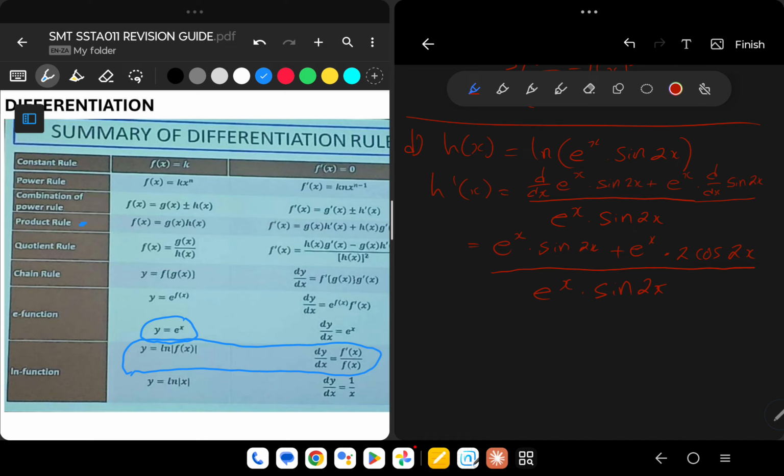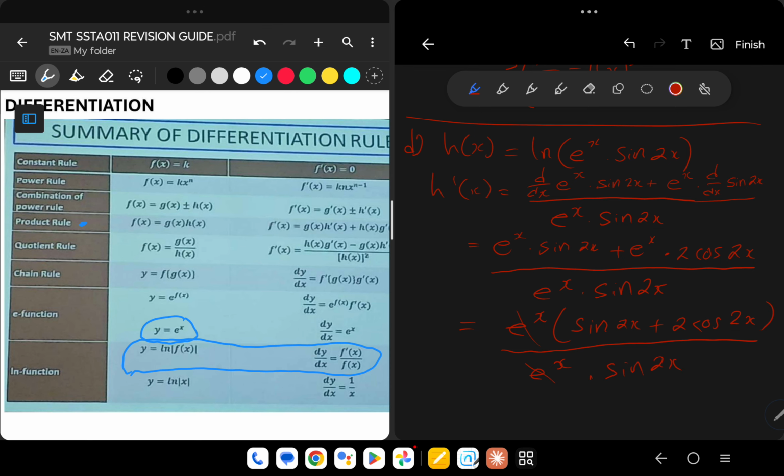2x. So we can say that up there we have a common factor of e to the power of x, and then sine 2x plus 2 cos 2x, and then you divide by e^x times sine 2x.